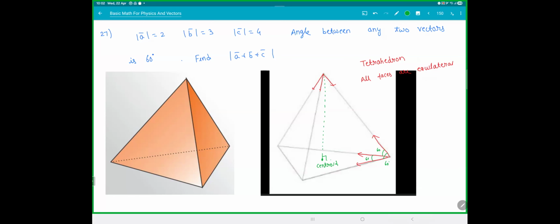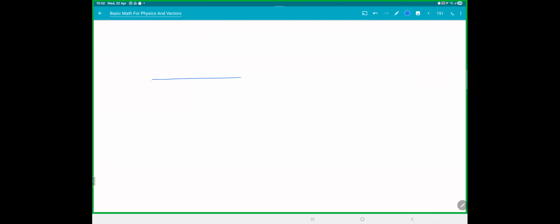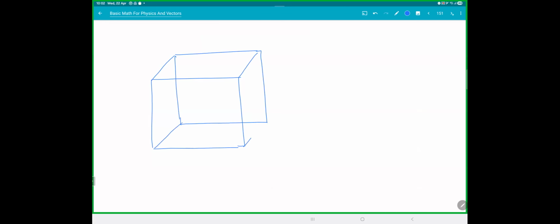And where else can you get a tetrahedron from? If you draw a cube, in the cube there's a tetrahedron. So take a cube, take 2 points here, let's say this one and this one, and join them.